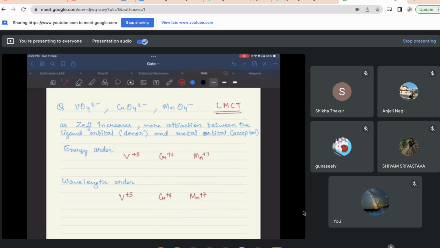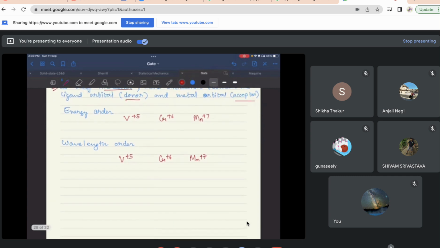Before that, we have to note that as the Z effective increases, which is the nuclear charge on my metal orbital, it will attract the ligand orbital more, correct? So the ligand will act as a donor and my metal will act as an acceptor. The oxidation states are as follows: vanadium plus 5, chromium plus 6, manganese plus 7.